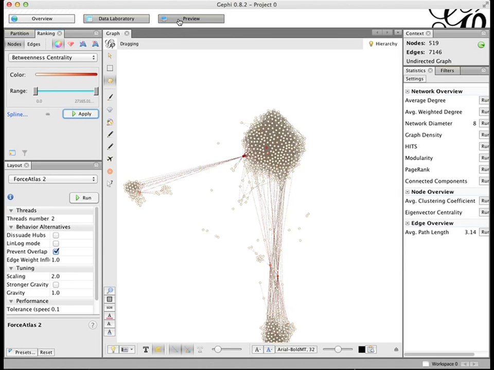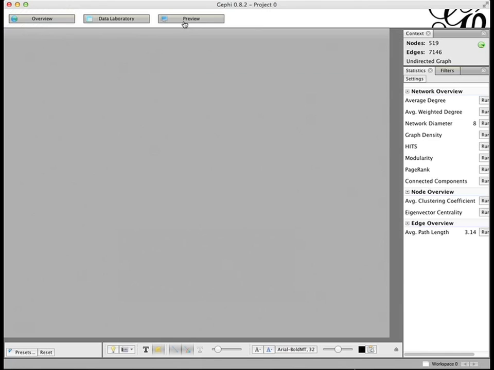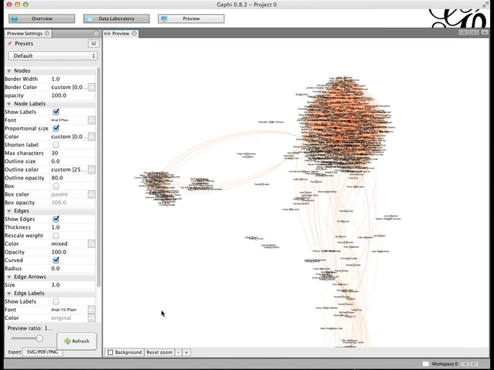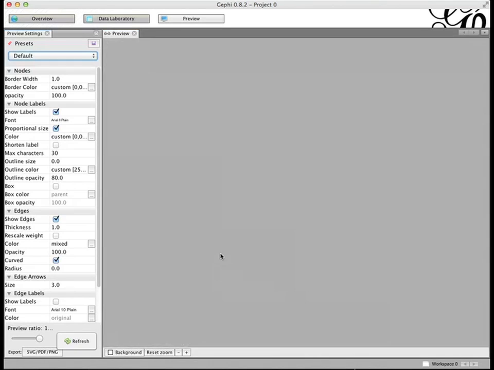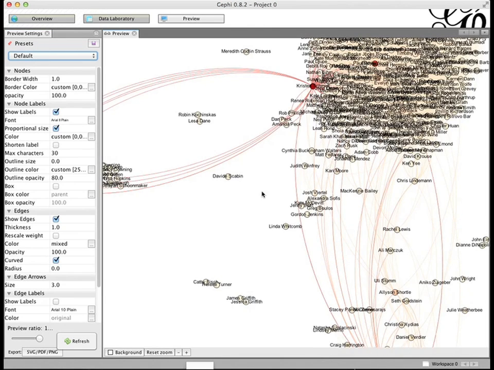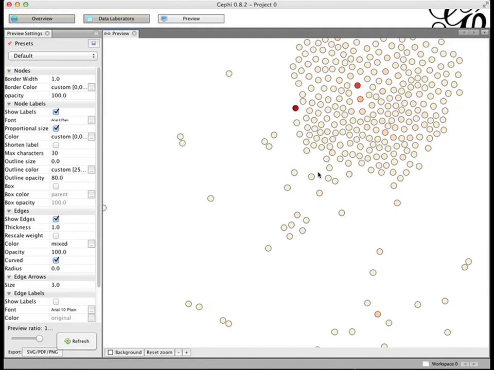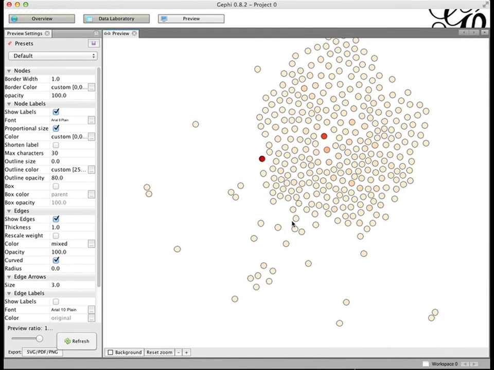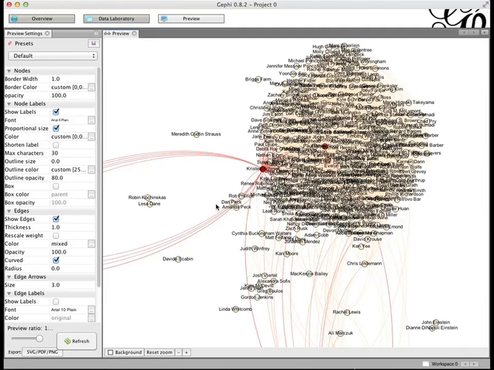So, if we go to preview and think to yourself who that might be, we refresh the view, which only takes 30 or 40 seconds, and we zoom in, we can see that the person who is a bridge from all of my friends in town to all of my family is my fiancee.